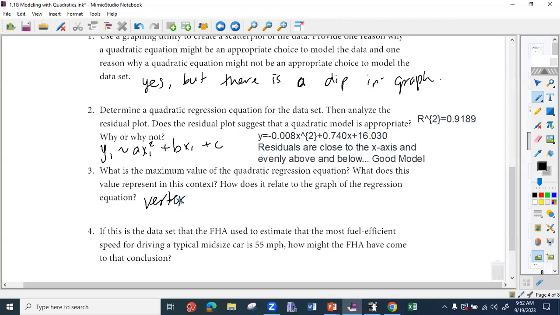Oh, so when it says, what is your vertex and how does it relate to this problem? My vertex is at 46 and 25 hundredths.